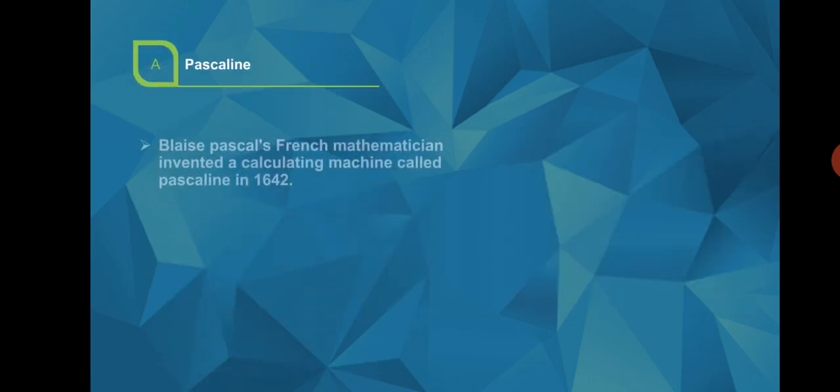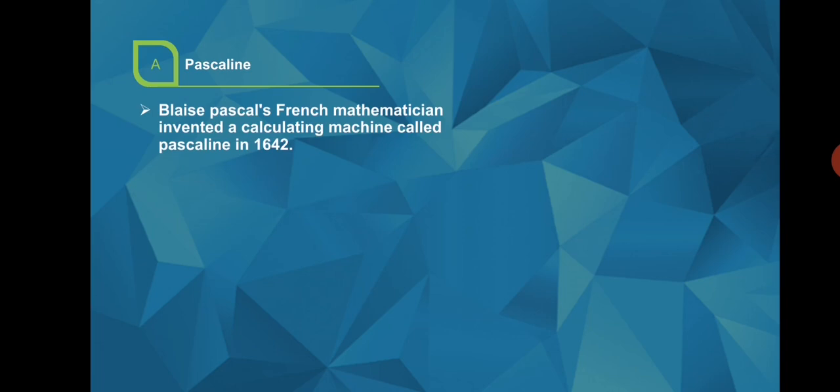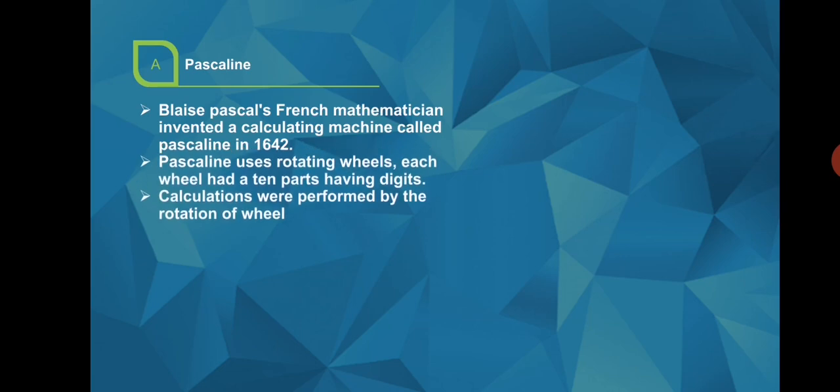Pascaline. Blaise Pascal was a French mathematician who invented a calculating machine called Pascaline in 1642. Pascaline uses rotating wheels. Each wheel had 10 parts having digits from 0 to 9. On Pascaline, calculations were performed by the rotation of wheels.